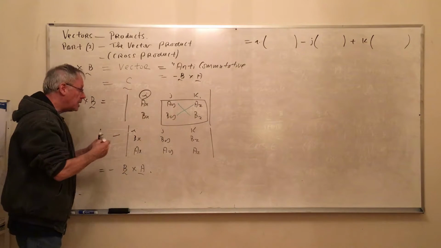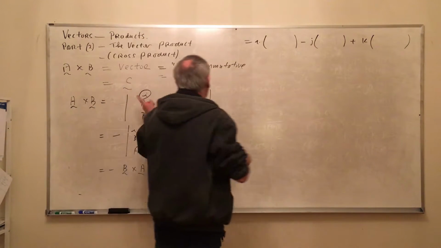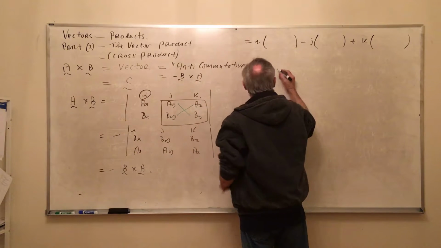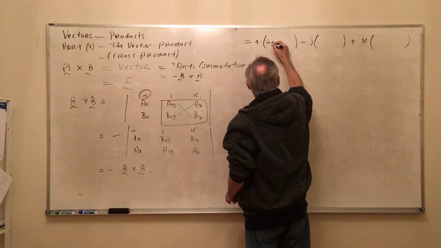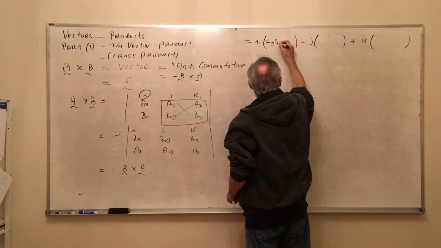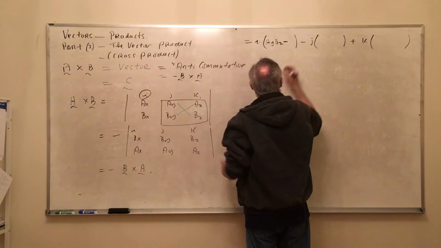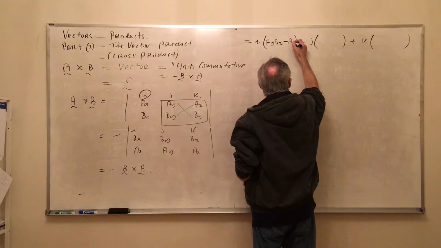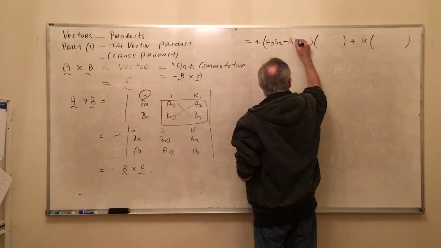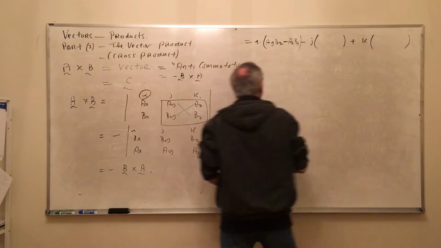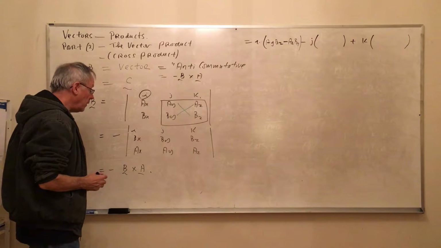Well, let's do it a step at a time. The first one is I times AYBZ minus AZBY. Okay, so we've done that one.